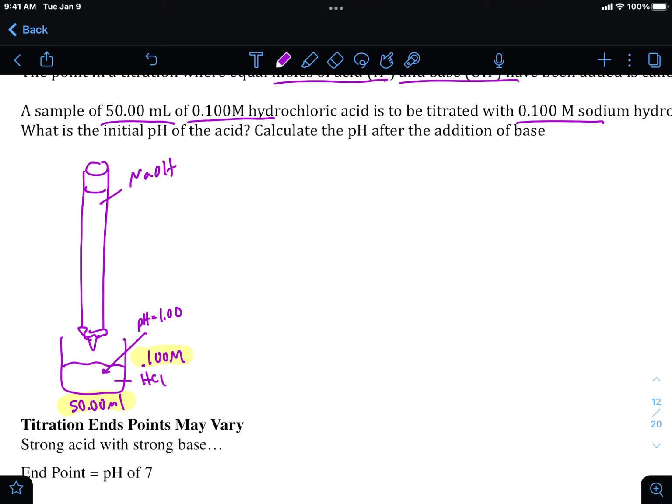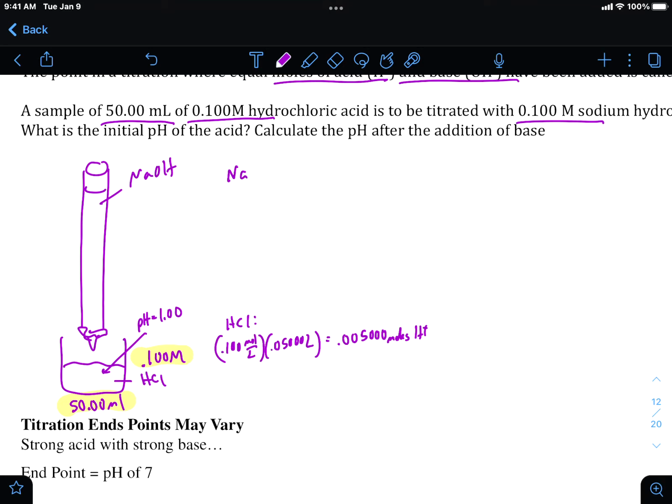That is the first thing that I can calculate. So 0.1 mole per liter times 0.05000 liters, so 0.00500 moles. That's how many moles of HCl are present.